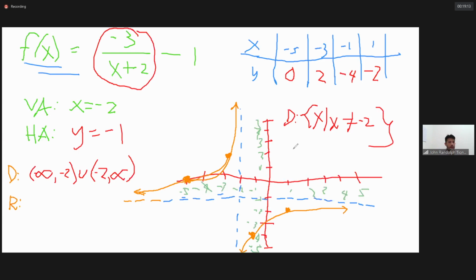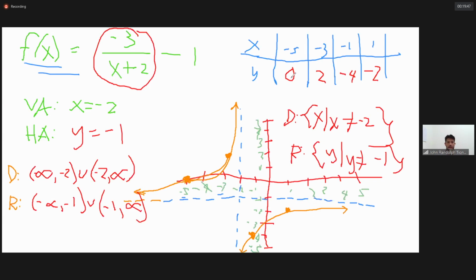Now, dito naman sa range natin, y such that y values is not equal to -1. Or, sa ganitong style pagkasulat, negative infinity, comma -1, union, -1, comma positive infinity. Kasi hanggang doon sa positive. Alright? So you can print screen that one, or I know you are writing it there.